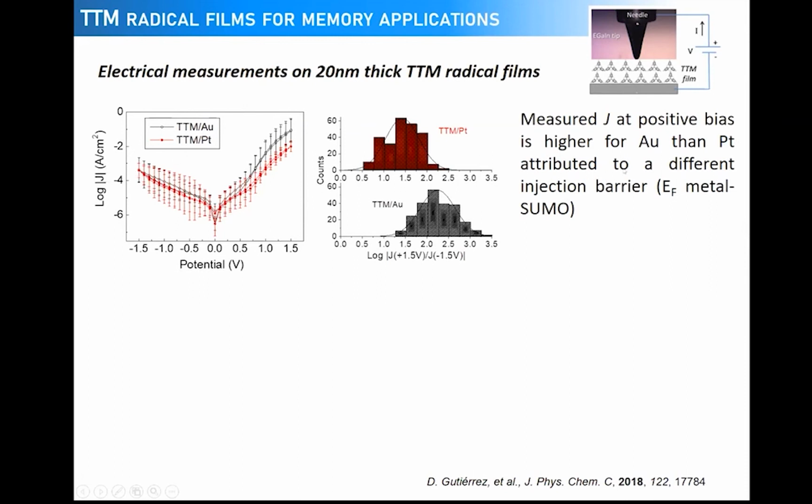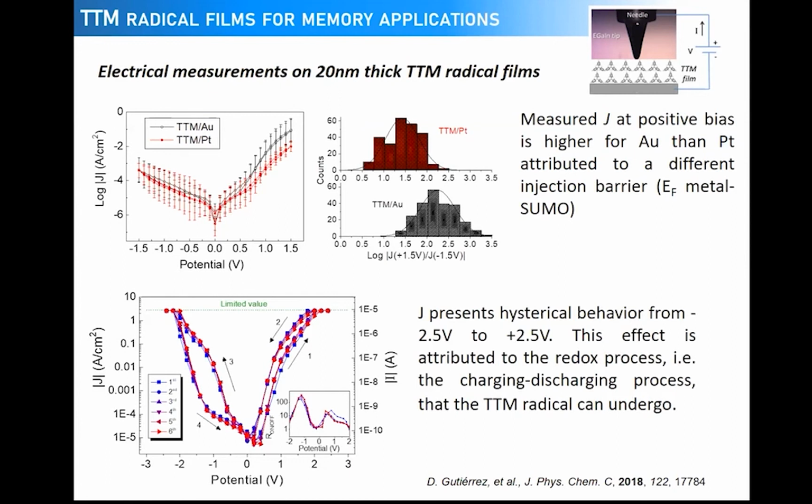We attributed this to the different injection barrier, again what we already saw with the self-assembled monolayers. The difference in the energetic barrier between the Fermi level of the metal and the SUMO plays a role, taking into account that the work function of gold and platinum is different. This is what leads to the difference in the rectification.